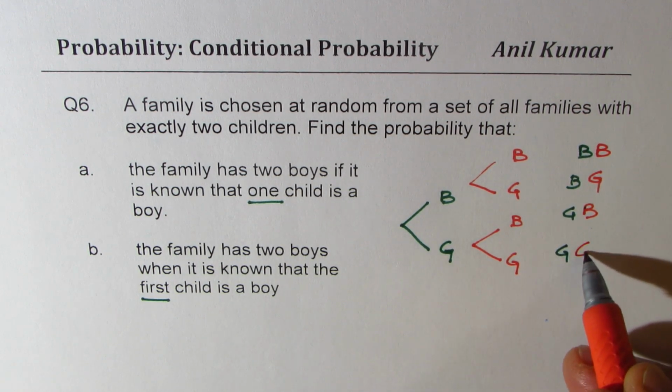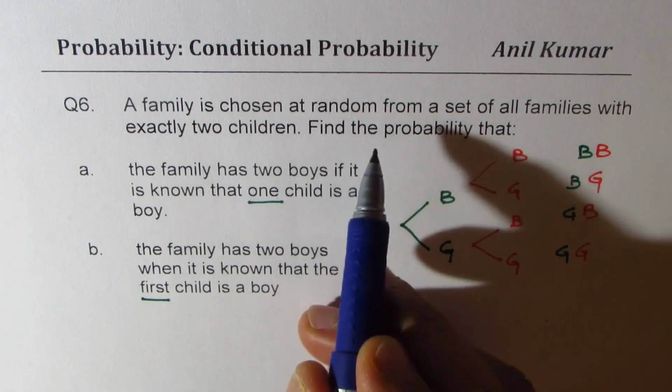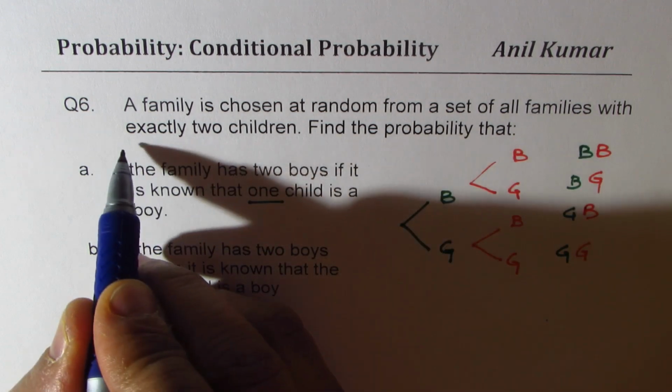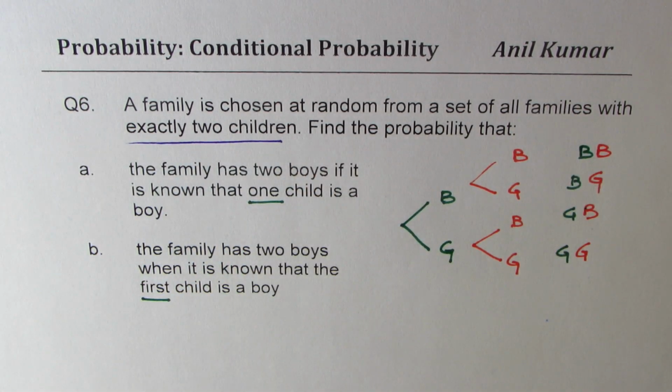Since we have families with exactly 2 children, right? So it's important to know we choose at random from set of families with exactly 2 children. So that is the combination.